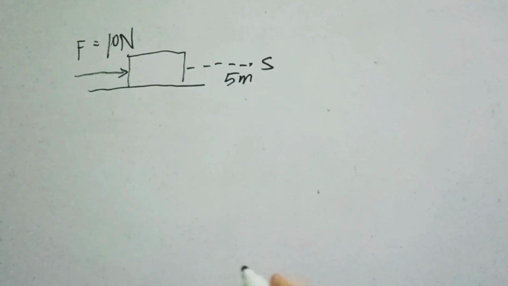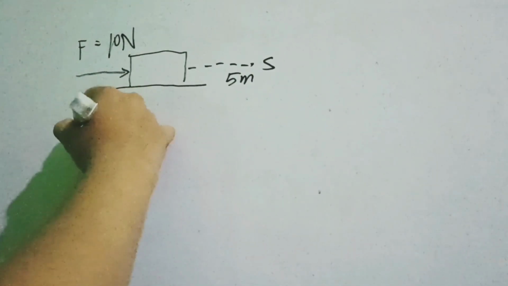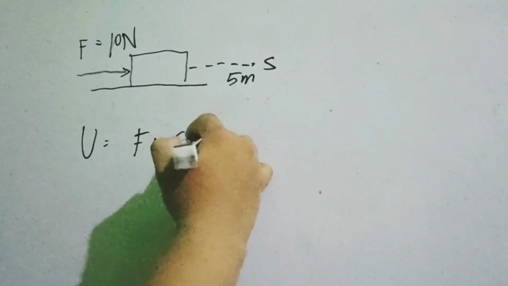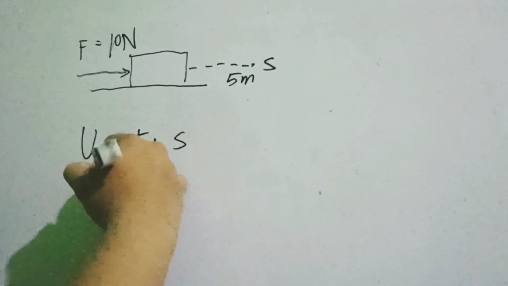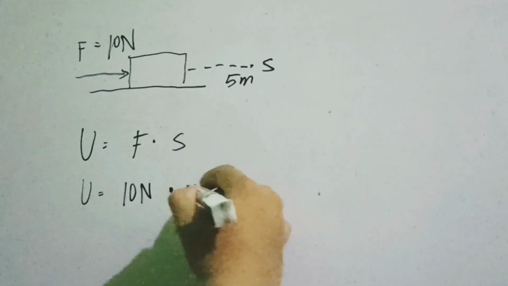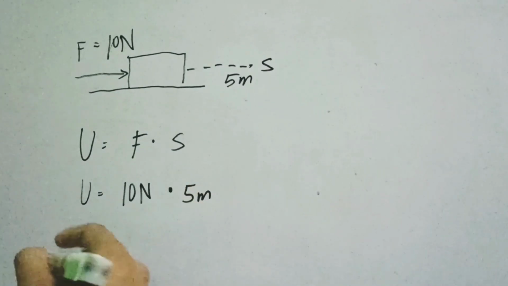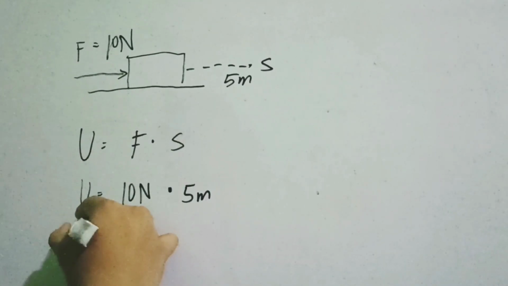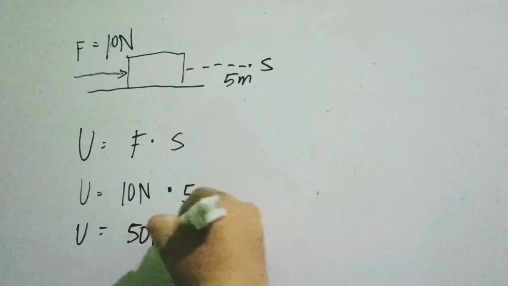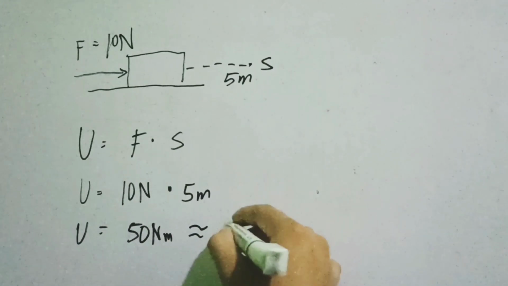Using the formula, work is equal to force multiplied by the distance, work is equal to 10 Newton multiplied by 5 meters. So it will give us work is equal to 50 Newton meter, which is also equal to 50 joules.